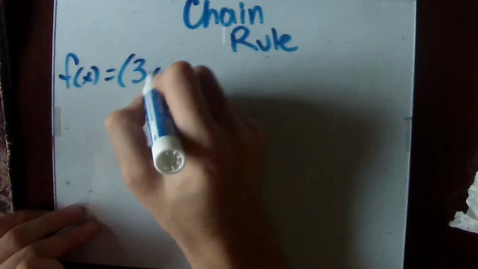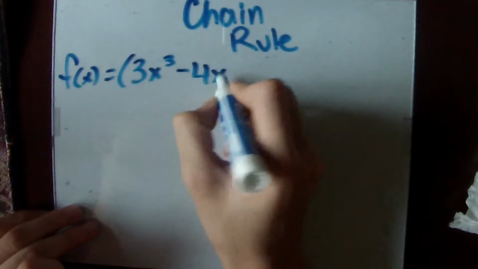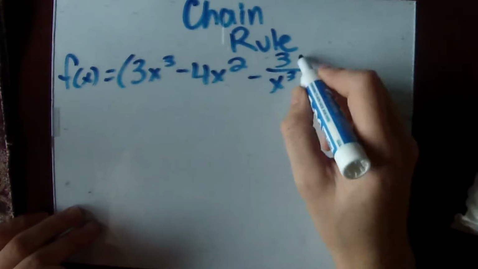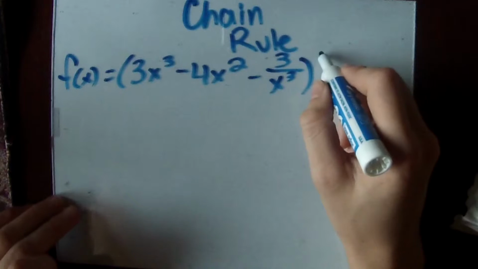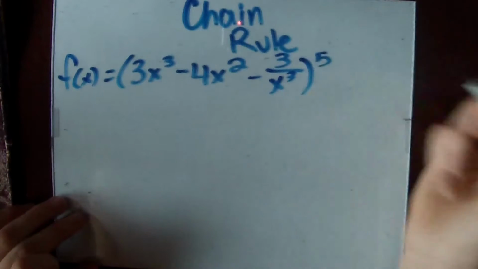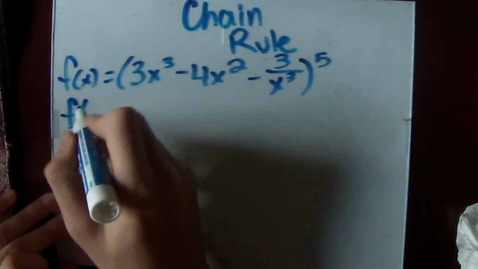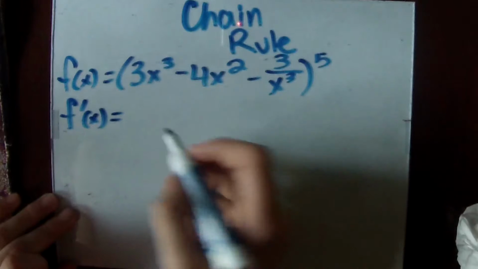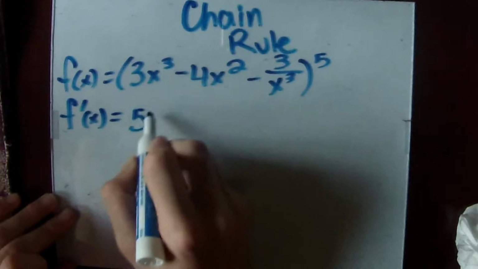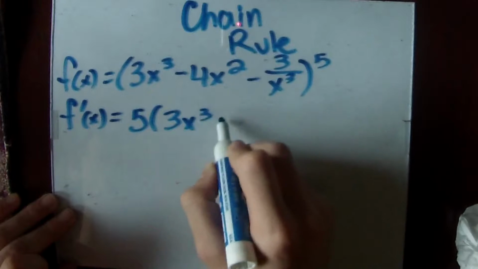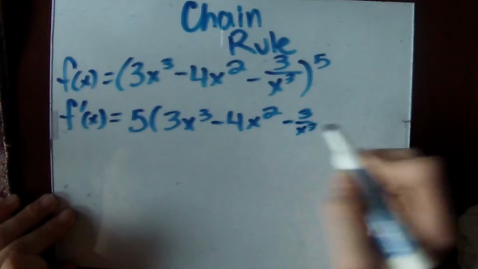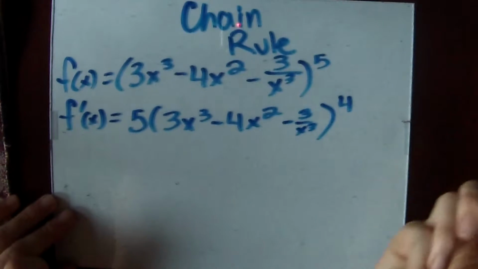So I'm going to show you one final example. So let's say f of x equals (3x cubed minus 4x squared minus 3 over x cubed) to the 5th power, right? So f prime of x equals, move the exponent over here, 5 times 3x cubed minus 4x squared minus 3 over x cubed, and then minus 1 is 4.